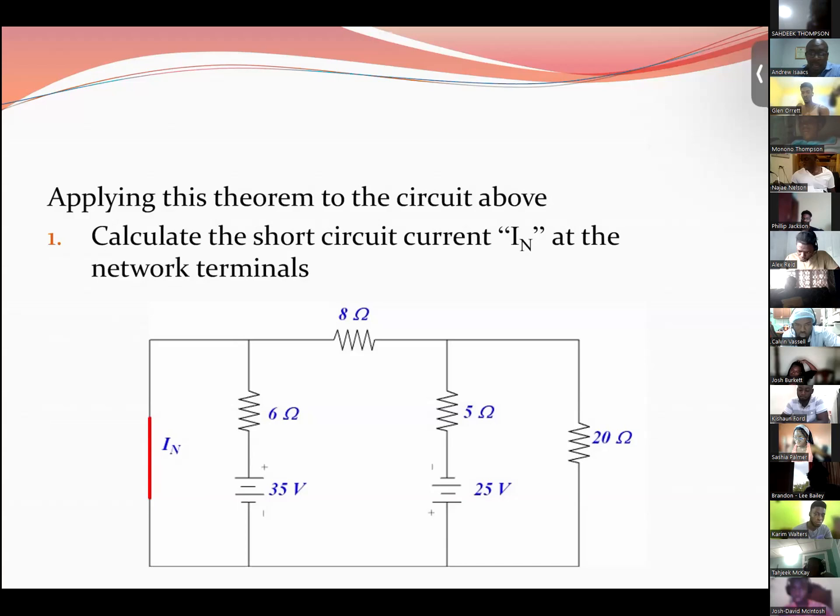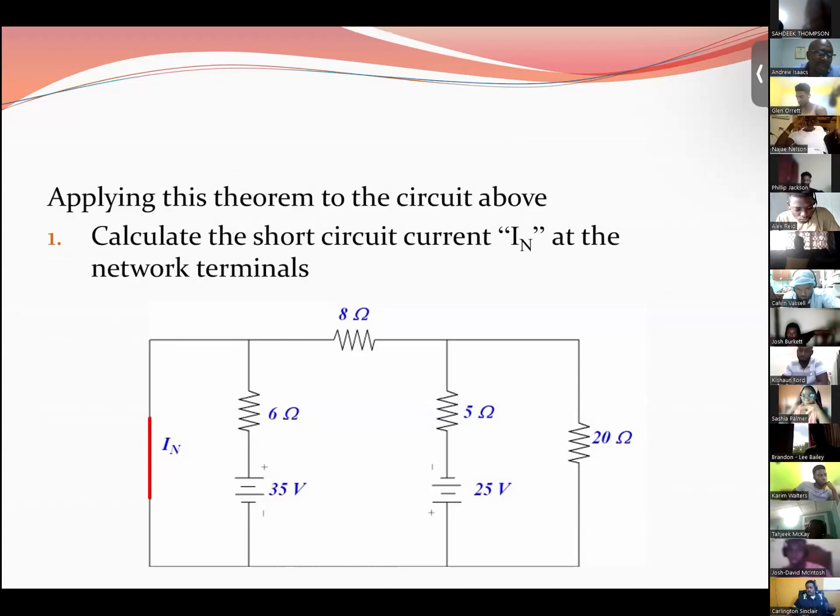Okay, so now that I have this in place, the question is, we have established that the method you use is totally up to you. But for obvious reasons, we want to find the current through this section of the circuit. It would suit us to use mesh analysis, right?